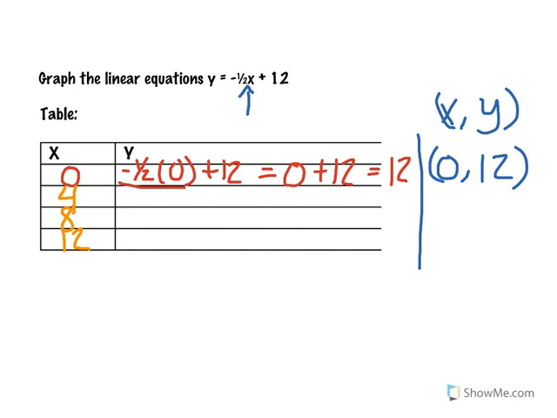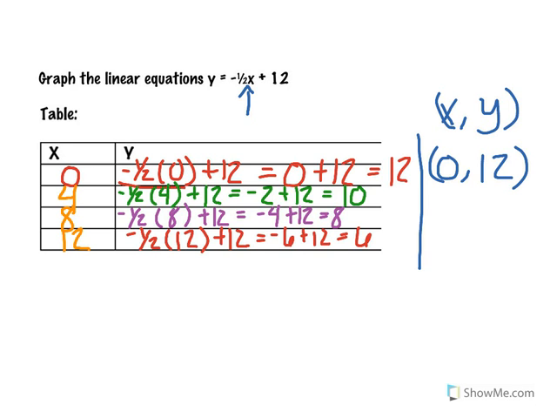Okay, now we're going to check our answers. Alright, plugging in my x values, I have negative 1/2 times 4 is negative 2, plus 12 is 10, negative 1/2 times 8 is negative 4, plus 12 is 8, and negative 1/2 times 12 is negative 6, plus 12 is 6.